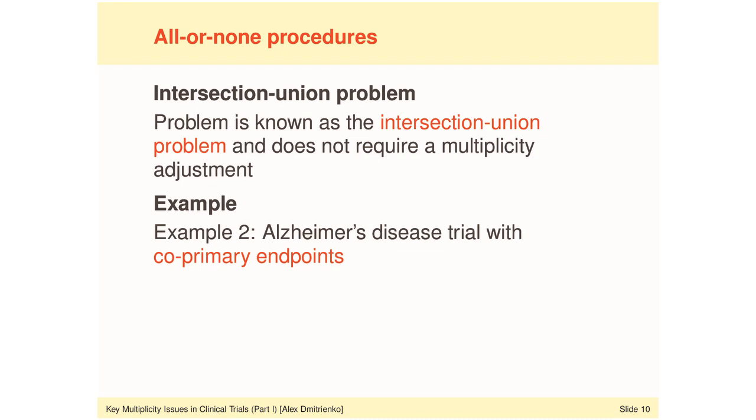And as we said in Module A, the FDA guidance defines co-primary endpoints as follows. It is stated in the draft guidance that multiple primary endpoints in the trial are termed co-primary when it is necessary to demonstrate a beneficial effect on each of the endpoints to conclude that the experimental treatment is effective.